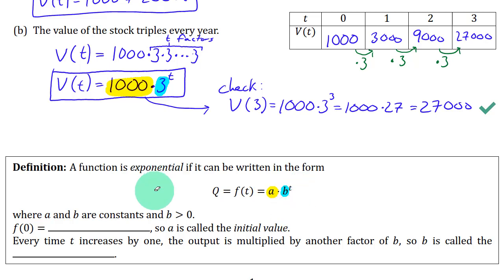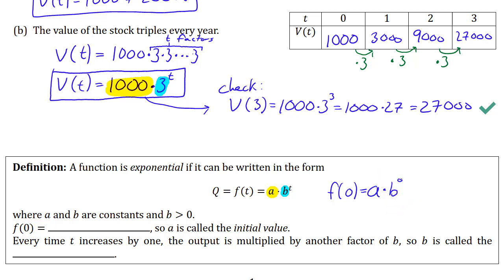So let's look at some basic things about this. What is f of 0 here? Let's figure f of 0 out. So we're going to replace the t with 0. So we're going to get a times b to the power 0. What is b to the power 0?